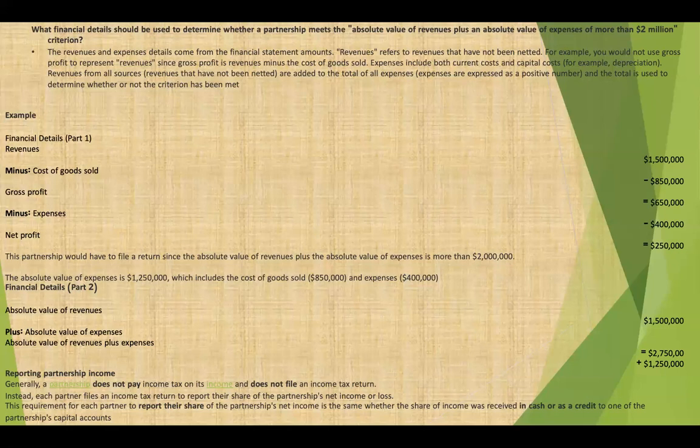So we can say now that the absolute value of the expenses is 1,250,000, which include the cost of goods sold, 850, and the expenses. So these are the criteria that you have to meet before you can now say you are entitled to this.